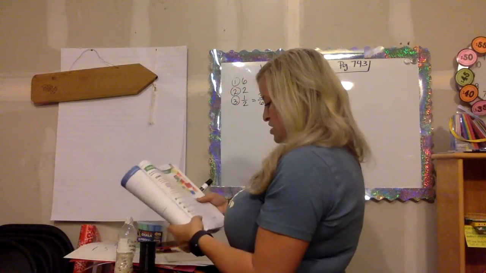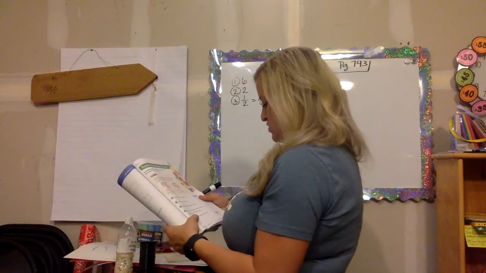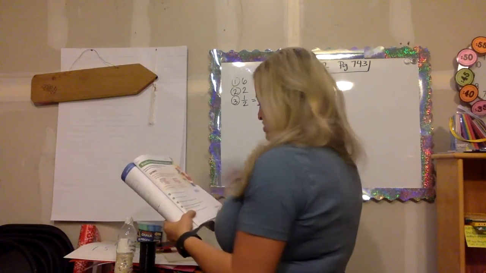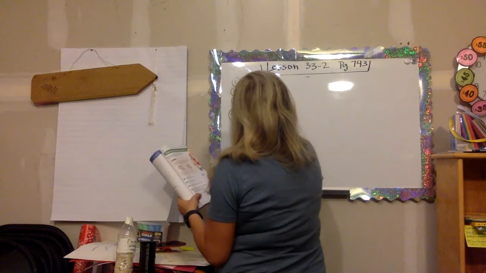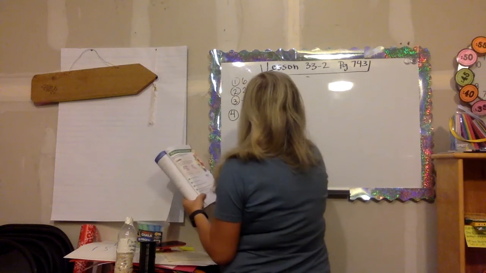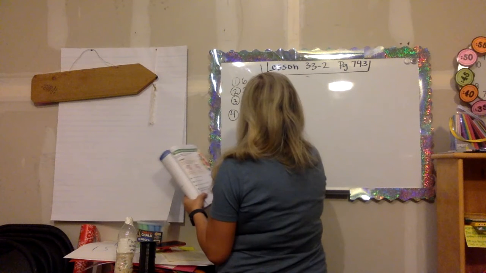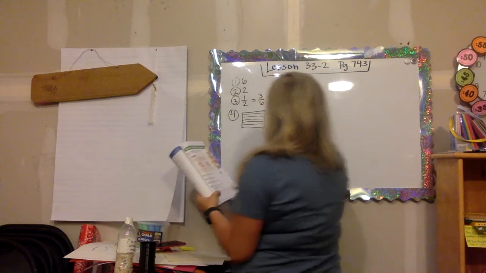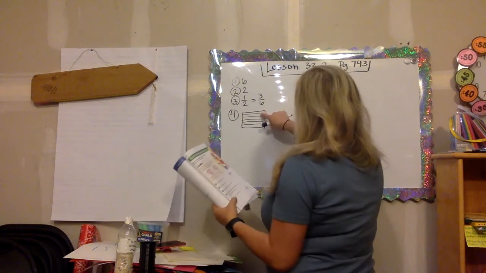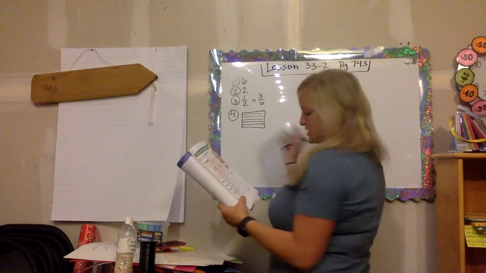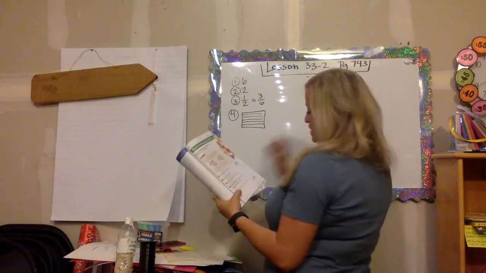Let's see, number 4, use rectangle B to show another way to divide a rectangle into 6 equal parts. So number 4 is showing another way. Well, you can always do 1, 2, 3, 4, 5. So you have to have one less line than the number of parts. So now I have 1, 2, 3, 4, 5, 6. There's 6 parts. What unit fraction is in each part?